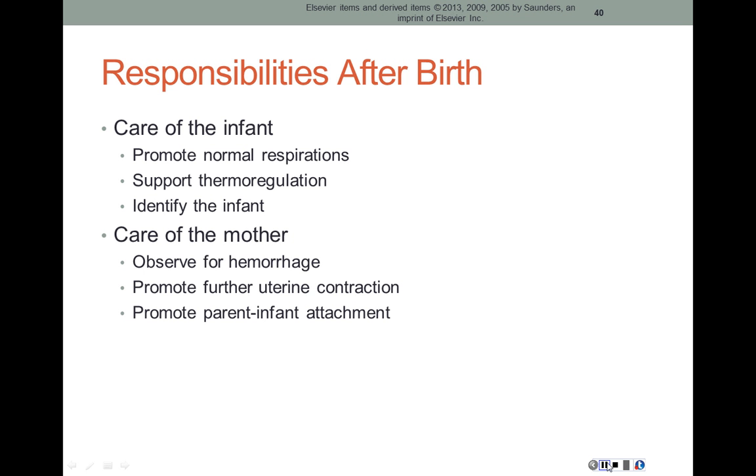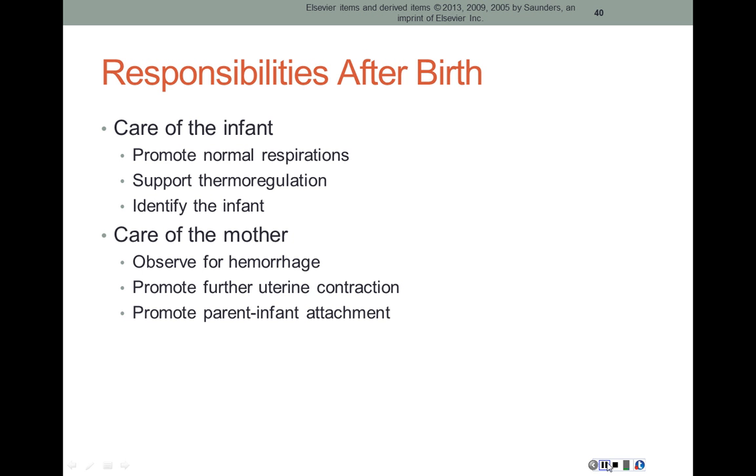You would immediately put a band on the infant that matches the band of the mother, in some way has the identifying information, because we've all heard about babies accidentally mixed up during birth.